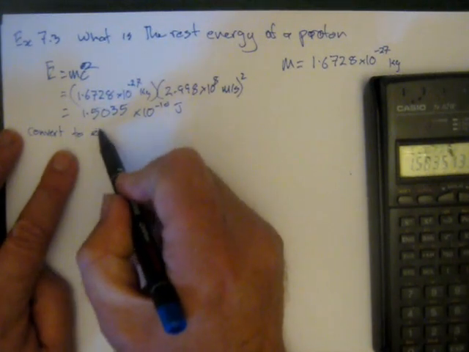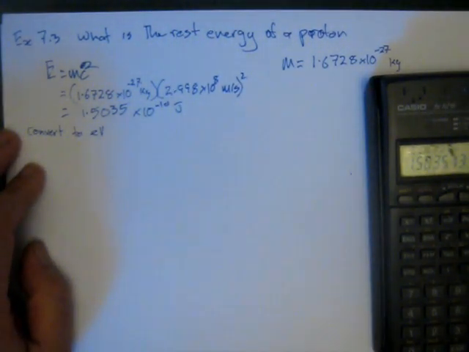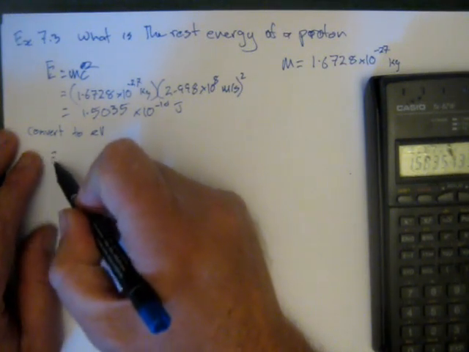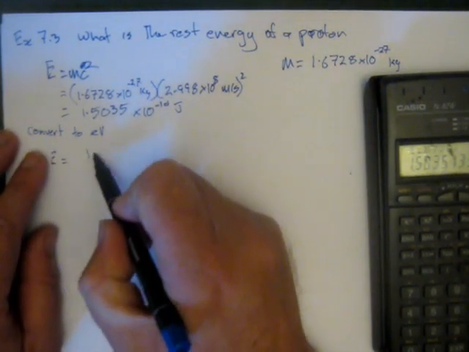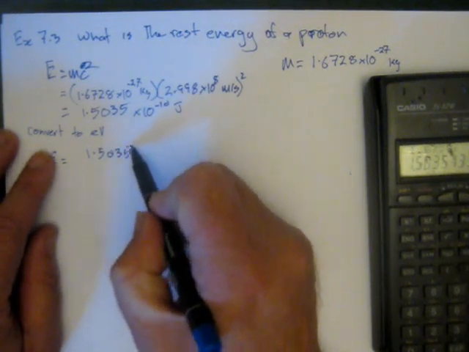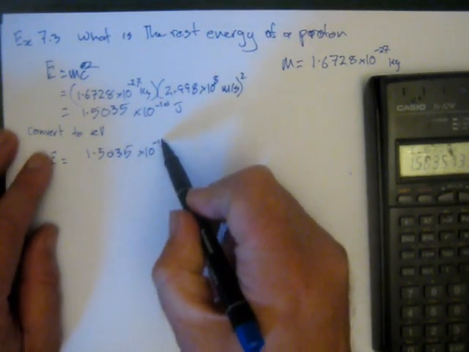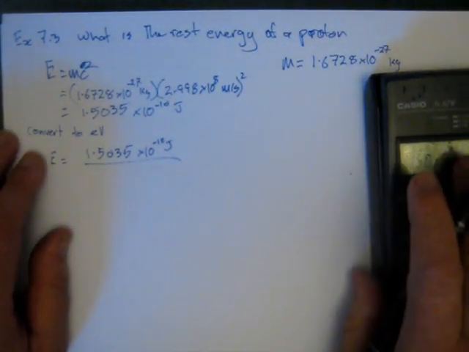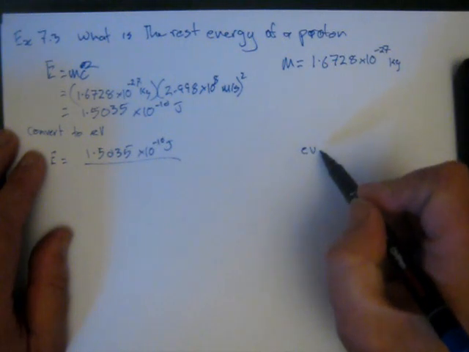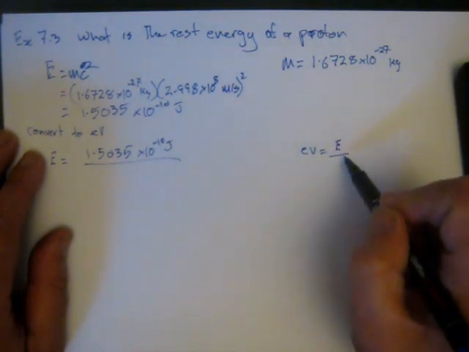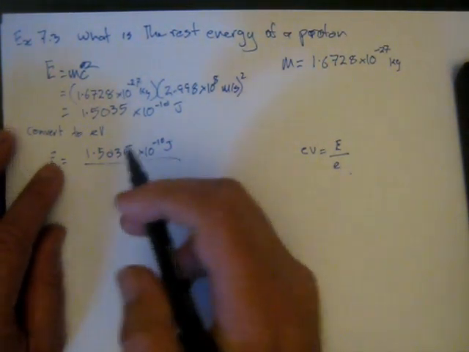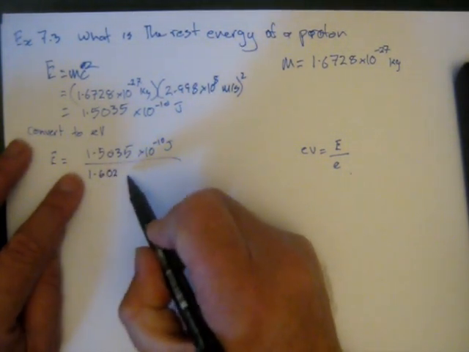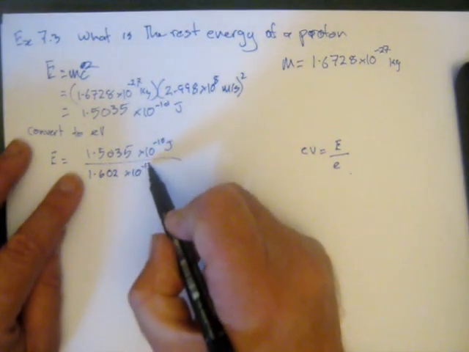So energy in electron volts is going to equal 1.5035 times 10 to the negative 10 joules divided by the elementary charge. So the elementary charge is what? 1.602 times 10 to the negative 19 coulombs.